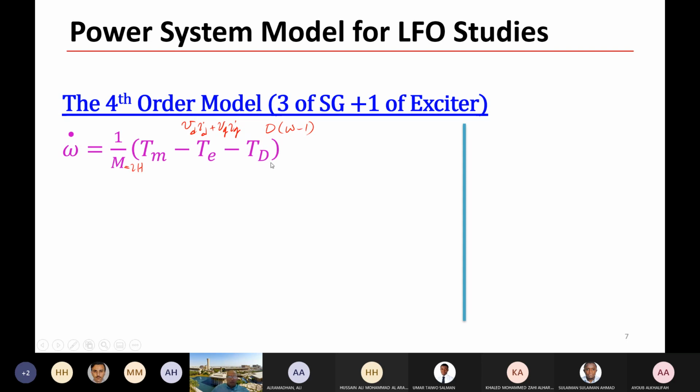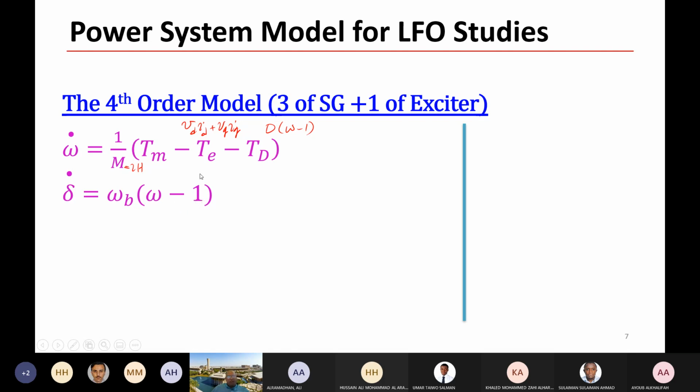Omega here is considered per unit, so it is around 1. At steady state, omega equals 1. Delta dot equals omega B, the base speed, which is 377, multiplied by omega per unit minus 1.